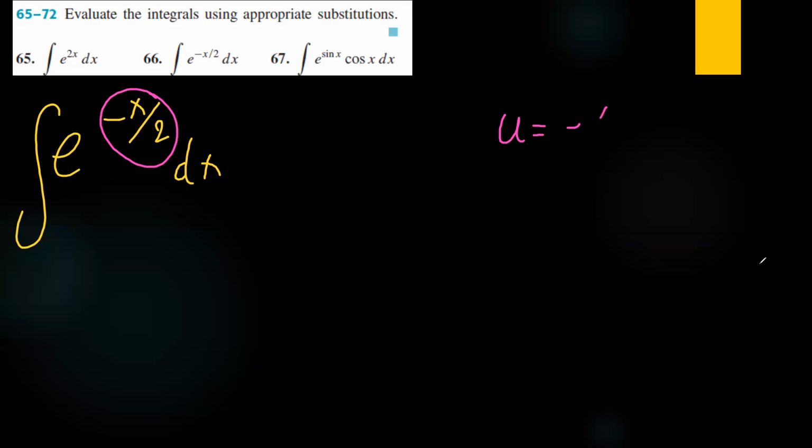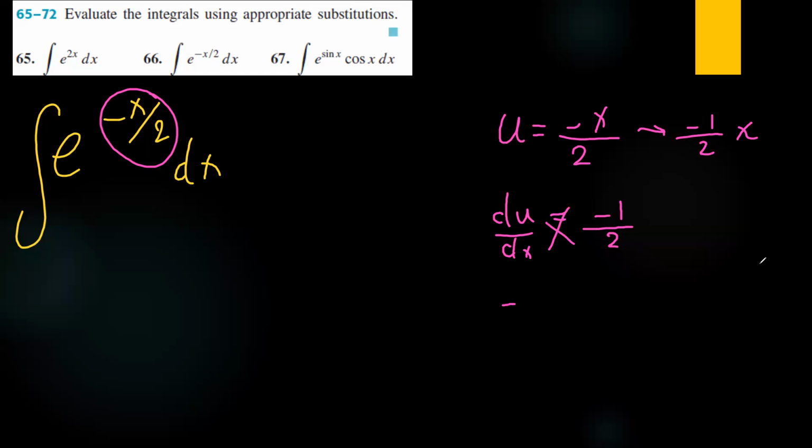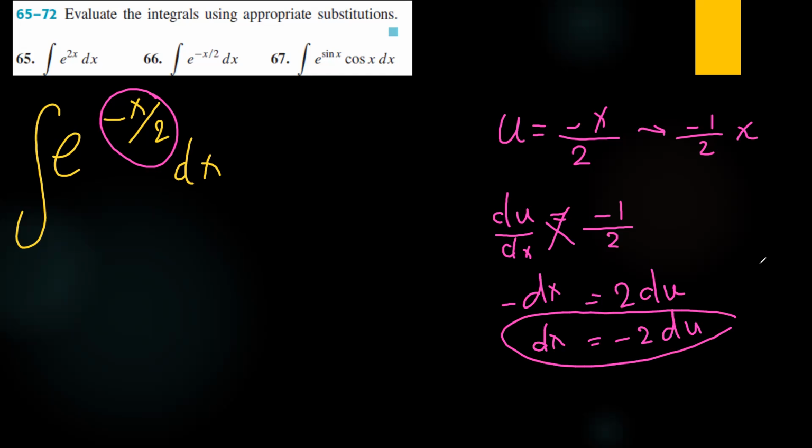Okay, so if u is negative x over 2, then du over dx, you can write it as negative half times x, so the derivative will be negative half. So negative dx will be 2 du. So dx will be negative 2 du. Then e, instead of negative x over 2, write u.